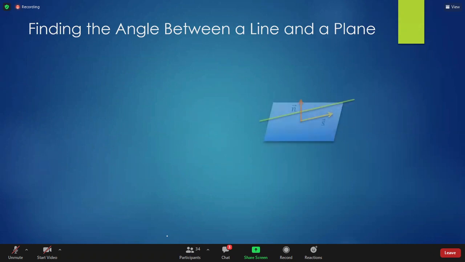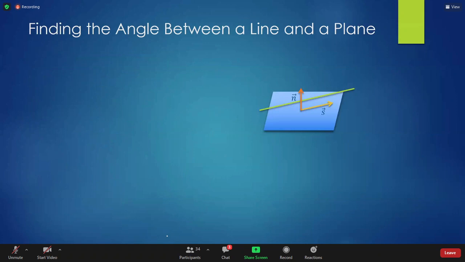Okay, let's have special cases. In this case, suppose we have a line that is parallel to the plane. So we can sketch, or you can sketch a plane. The plane has a normal vector n, as you see, the orange one, and then we have a line that is parallel to this plane, which means its direction vector is parallel to the plane, and that means the direction vector is perpendicular to the normal vector. This is where you need to sketch.